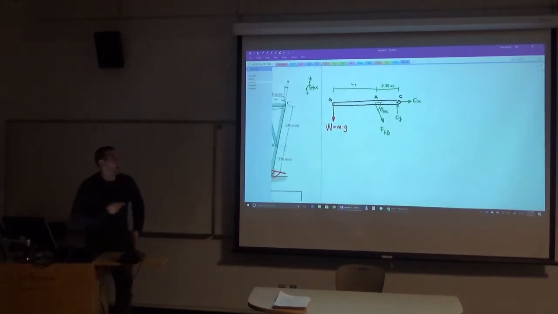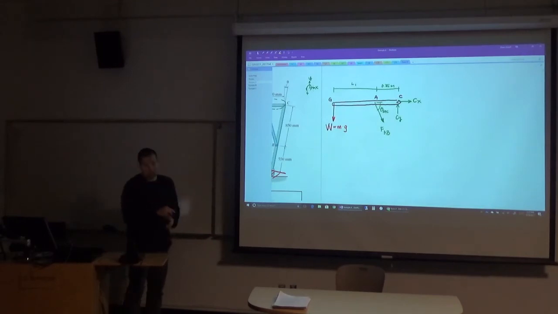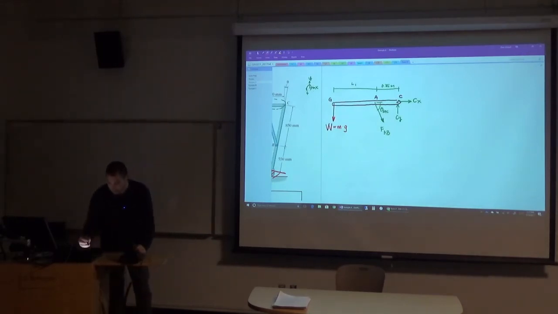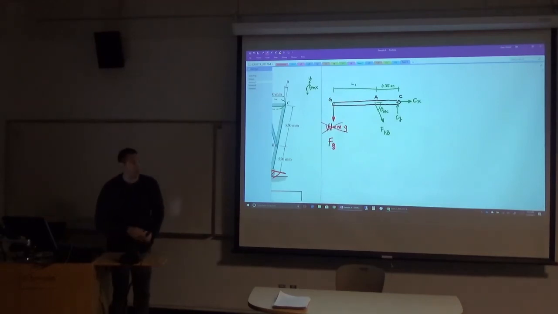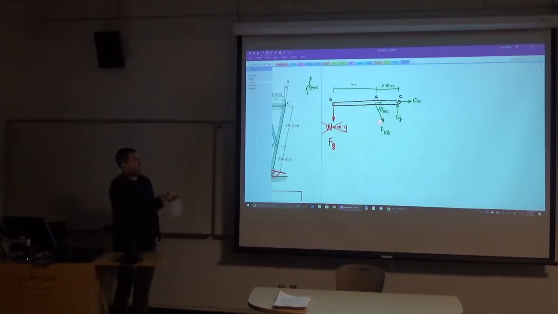And tell me, how could I formulate an equation that would allow me to isolate just the force at G? So now we're ignoring the weight. Just some force at G and the force in member AB. How could I make an equation that directly relates this force to this force?